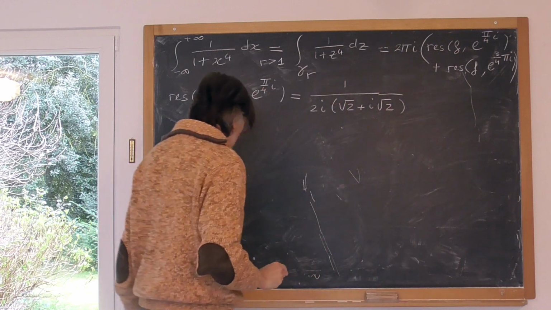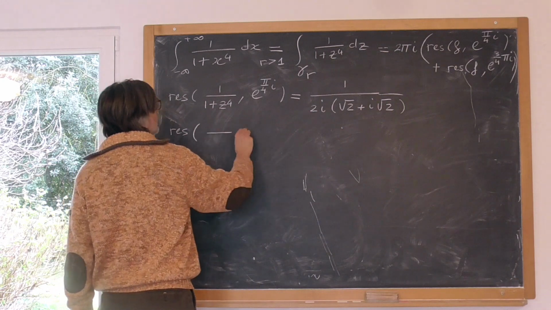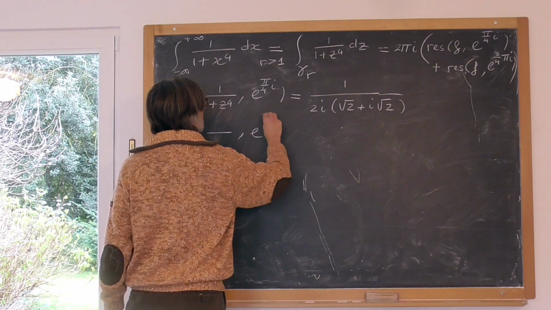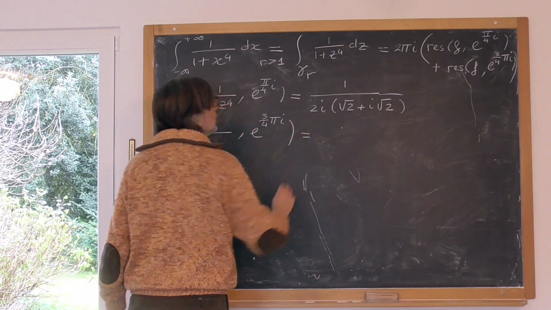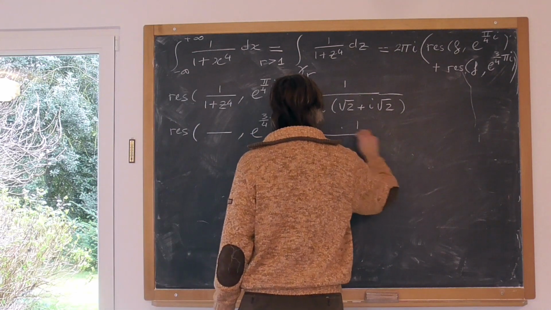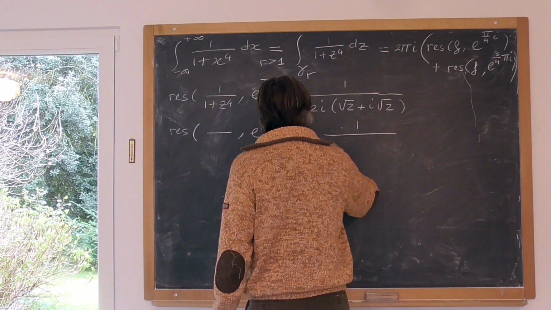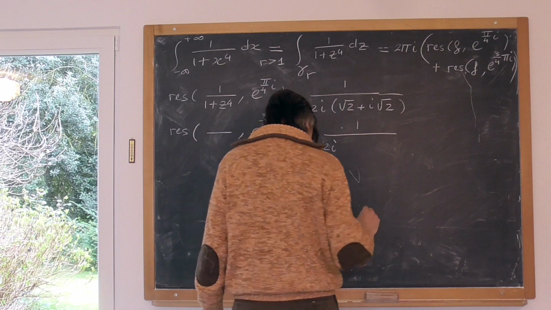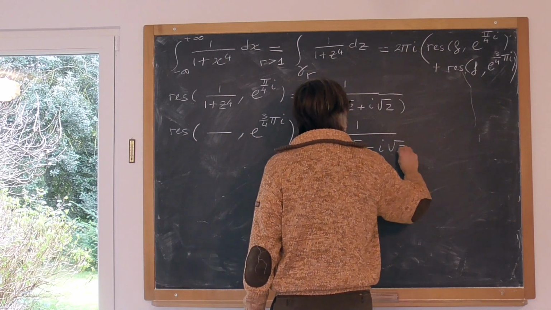And the other residue, the residue of the same function at e to the 3 over 4 pi i, is 1 divided by 2i (square root of 2 minus i square root of 2).